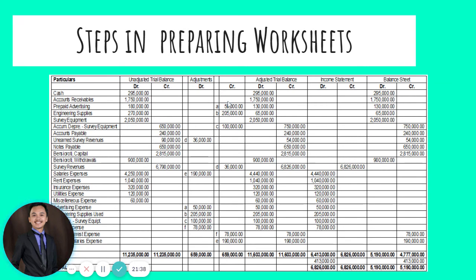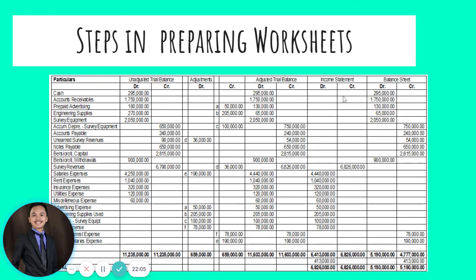And then second step is to copy all your prepared adjustments, debits and credits. And third step is to combine your unadjusted trial balance and your adjustments to prepare the adjusted trial balance. After preparing the adjusted trial balance, you extend it towards your income statement and your balance sheet.